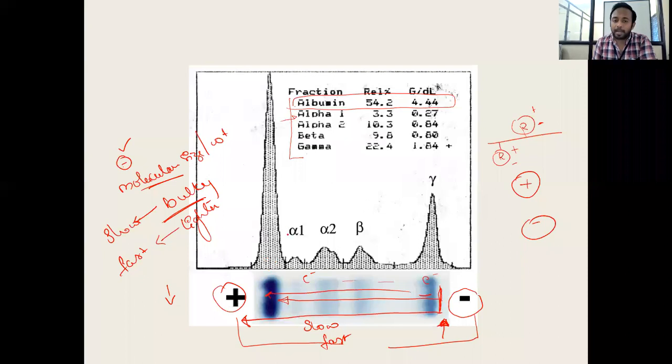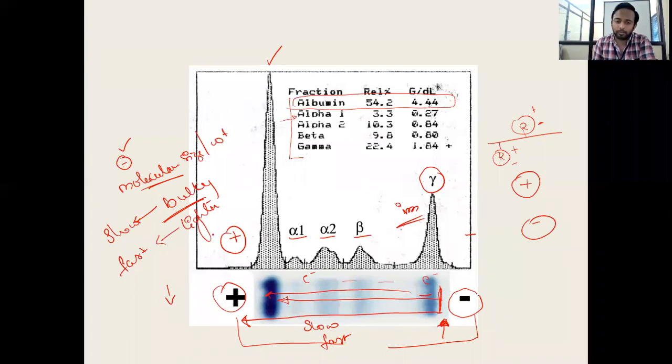So when we see such a pattern from negative to positive node, the one which runs very fast is the albumin. The next part of the total protein which runs next to the albumin is alpha 1, then alpha 2, beta and gamma. Gamma are most commonly the immunoglobulins, which are antibodies, and are very bulky, so they run very slow.